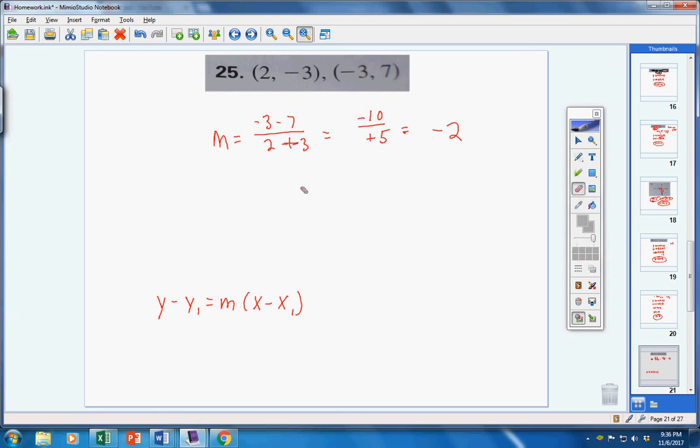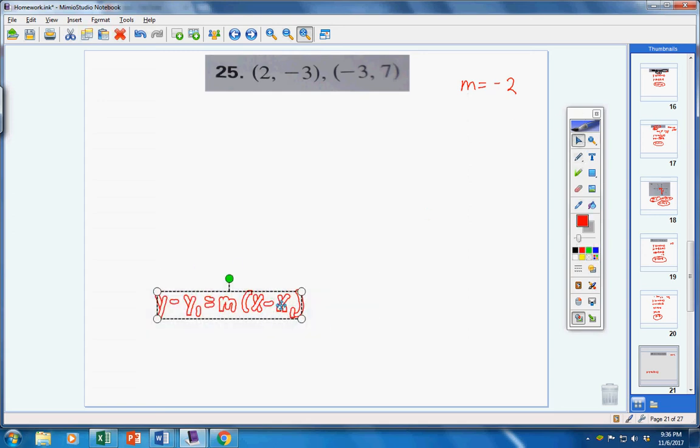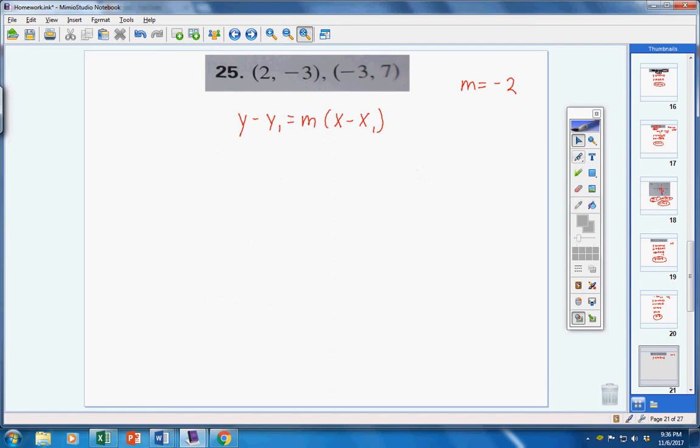Okay? Now, let's choose a point here. I'm going to choose this one here for no reason in particular. There's my x, my y, and my m. So y minus a negative 3 equals m, negative 2, times x minus 2. y minus a negative 3 is positive 3.